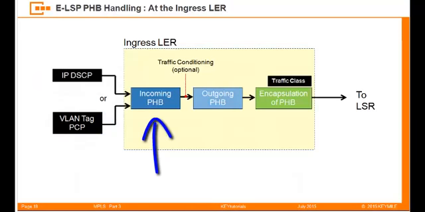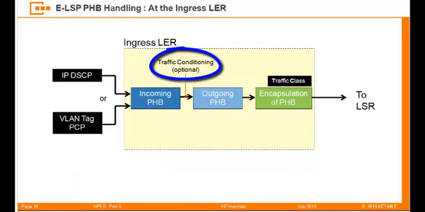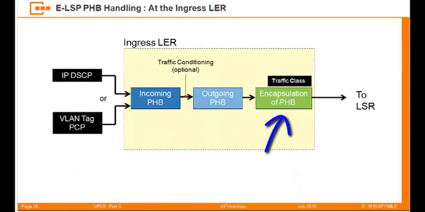Configured mapping called traffic conditioning may be used to modify the outgoing PHB. Otherwise, the outgoing PHB will simply be identical to the incoming. And finally, the outgoing PHB is encapsulated by mapping into the traffic class of the shim header, and the packet is transmitted towards a transit LSR.